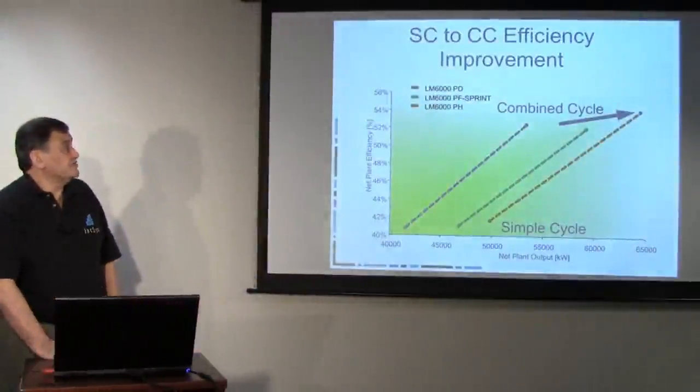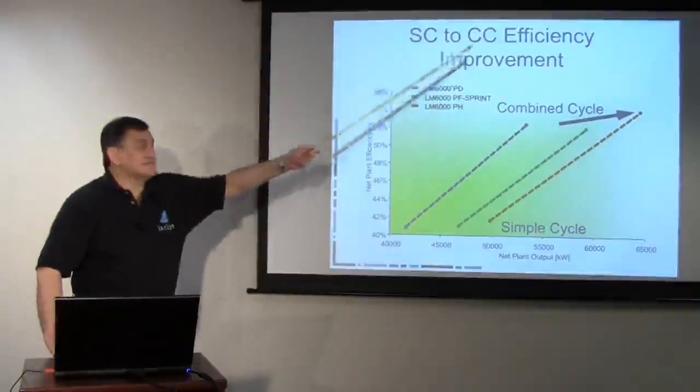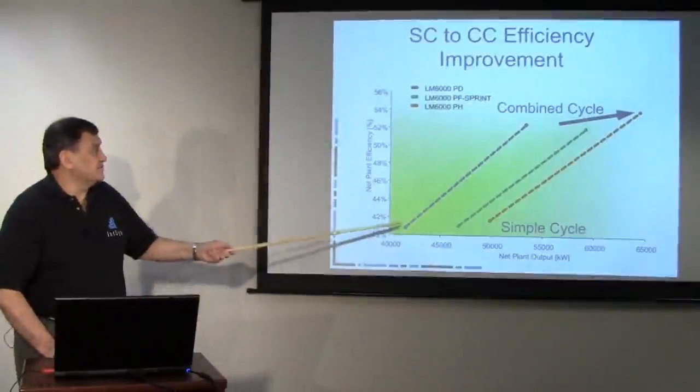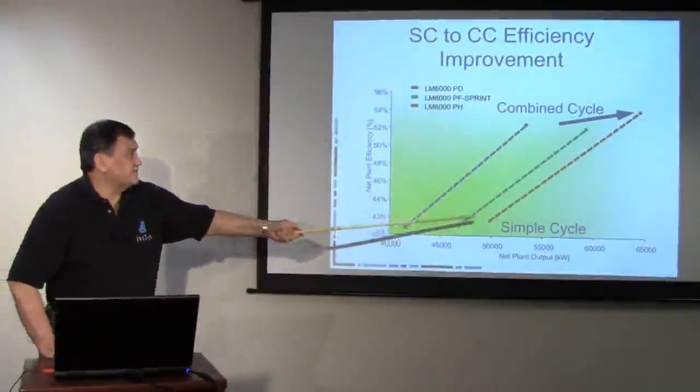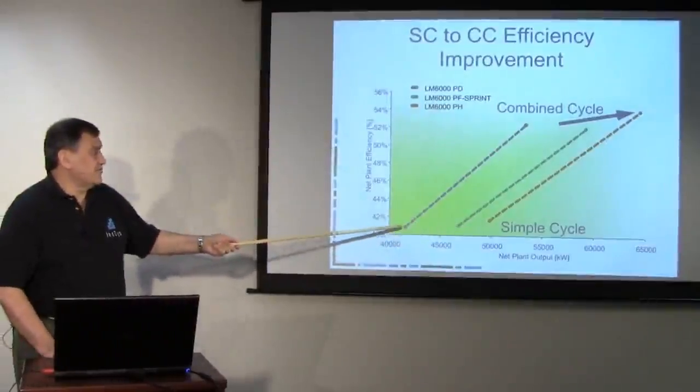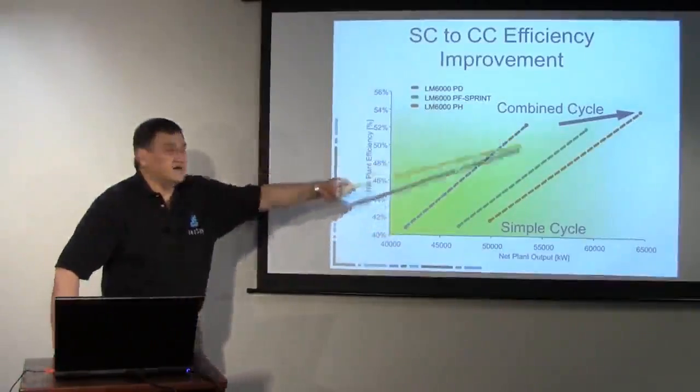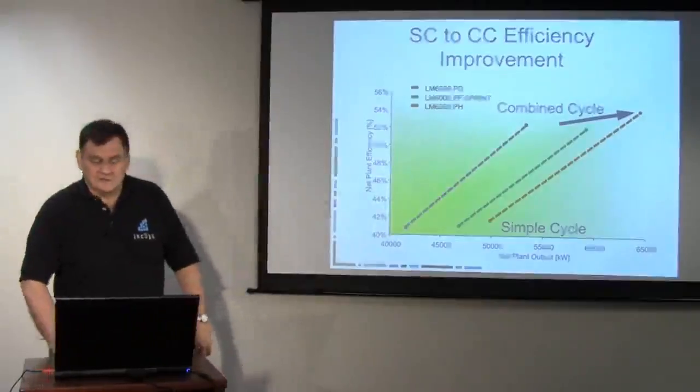So what happens as we go from single cycle to combined cycle, we get this efficiency improvement, depending upon the type of turbine, from around 40% to above 50%. So we're seeing a very wide deployment of those systems.